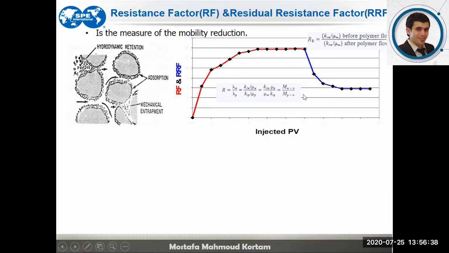But now there is some change that has happened permanently that leads to reduce the injectivity of the water and the mobility of the water. That's what we call a residual resistance factor.